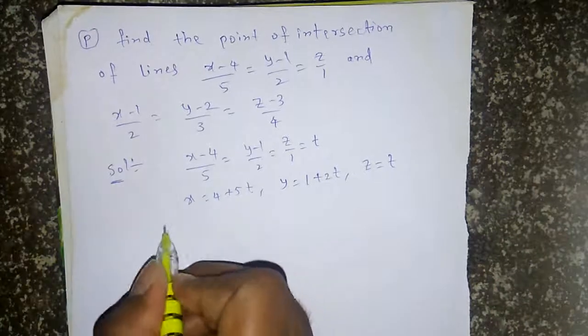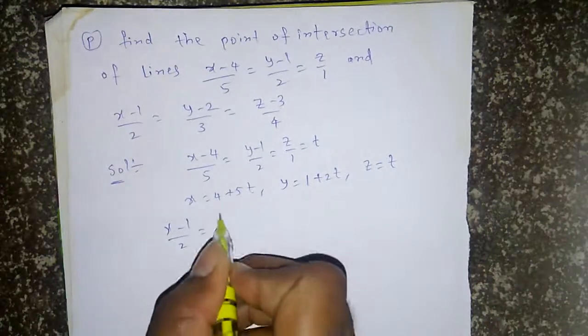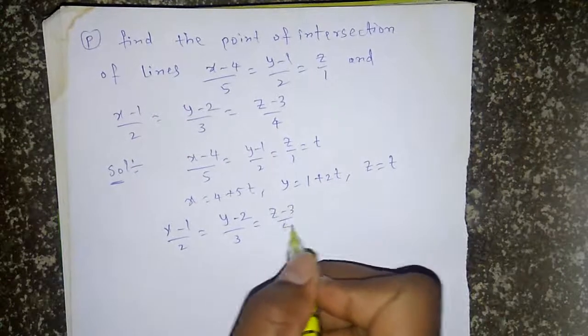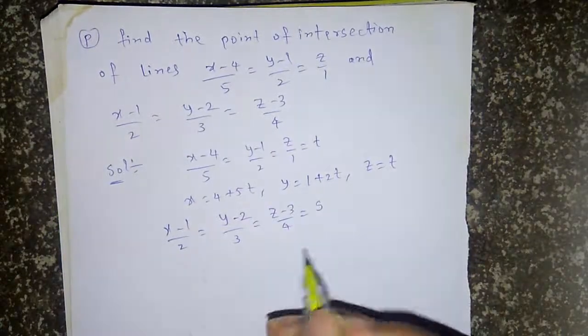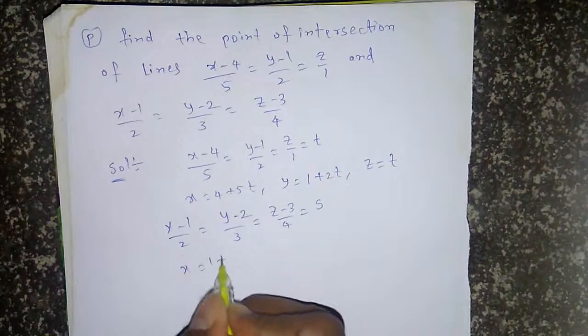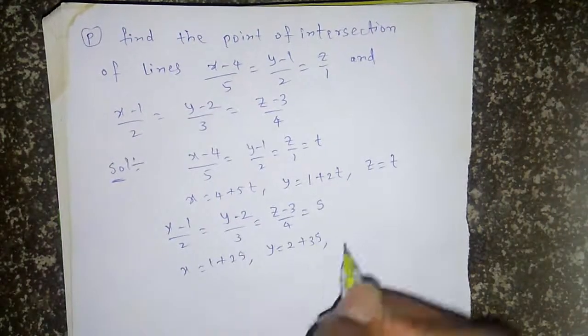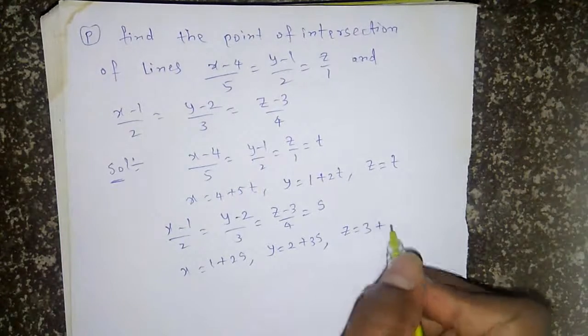For the second line, take (x minus 1)/2 = (y minus 2)/3 = (z minus 3)/4 = some s, assume. Here x is equal to 1 plus 2s, y is equal to 2 plus 3s, z is equal to 3 plus 4s.